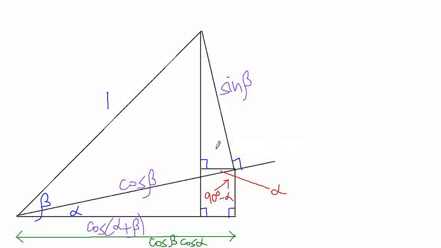Okay, now the complement of that angle, in other words, this right here, has to have a measure 90 degrees minus alpha. And then the complement of that angle has to have measure alpha, which means that this one up here has to have a measure alpha.